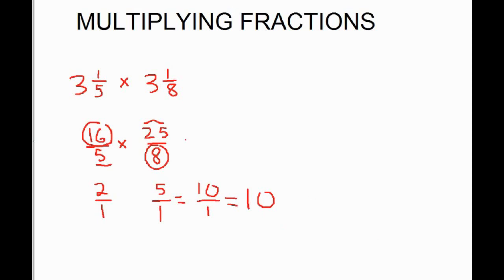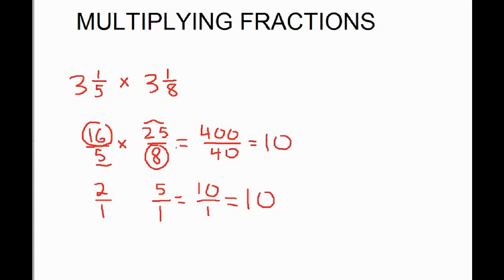Now, going back to our original question, if we wanted to multiply those out, 16 times 25 is 400. 5 times 8 is 40. 400 divided by 40 is 10. So we do get the same answer.